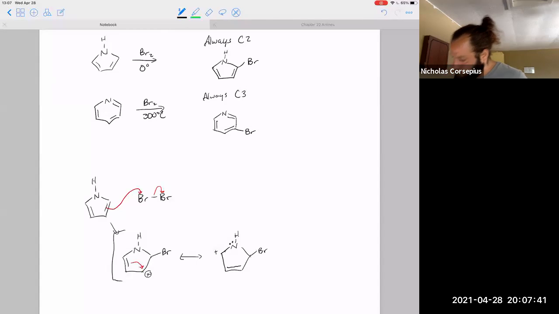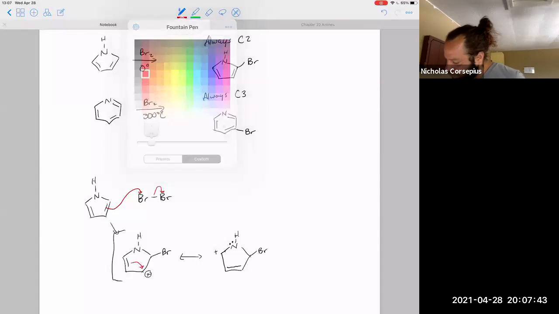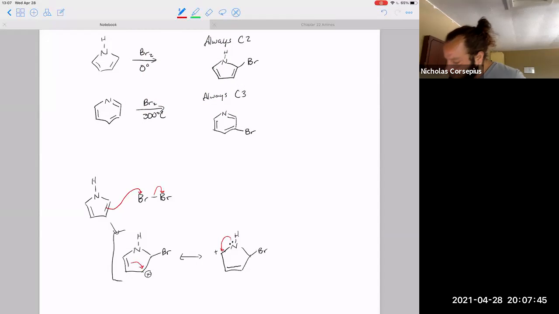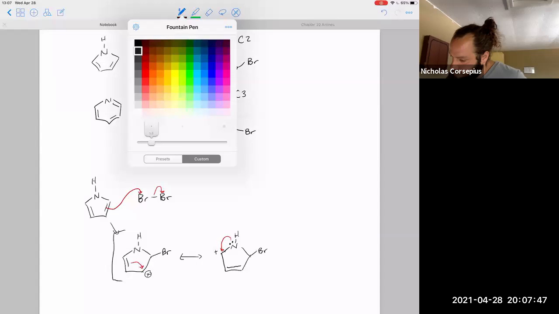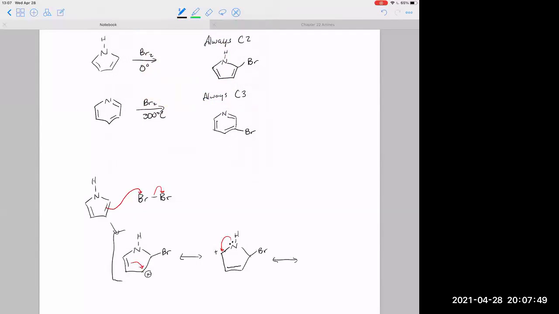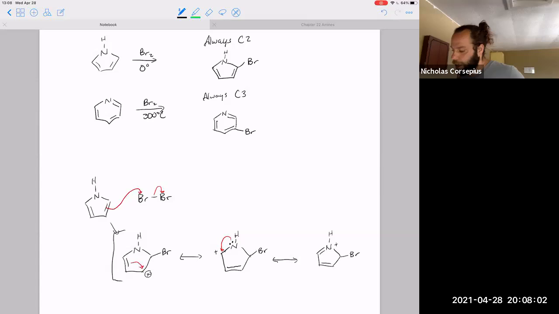It's actually going to involve this lone pair on this nitrogen coming down. And just to be good, I should draw the fact that this hydrogen is still here in all these structures.